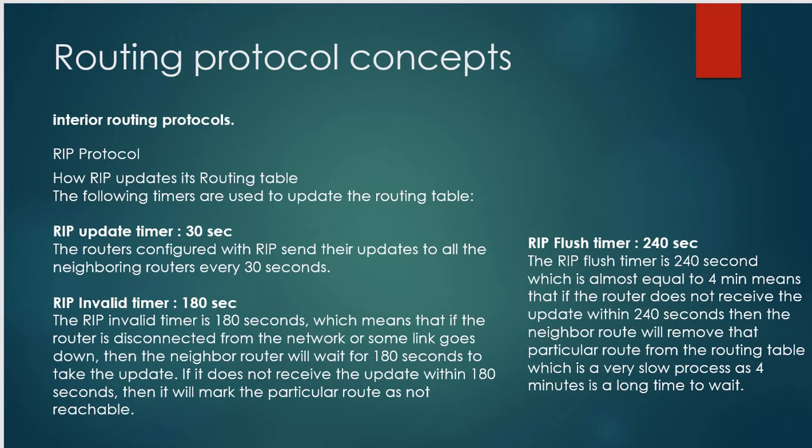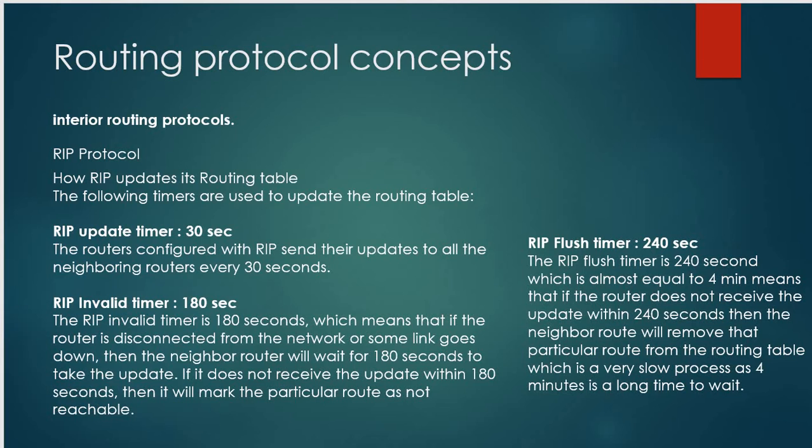But if some link or the router is down, or the network cables are unplugged, this creates problems in the 30 second updates. If the router is down, then it cannot receive, it cannot reply, it cannot send out signals. So the invalid timer is 180 seconds.